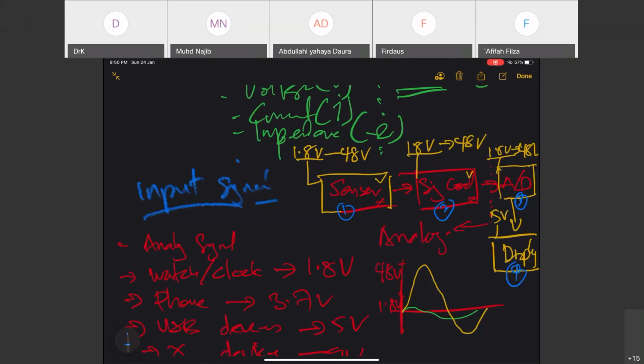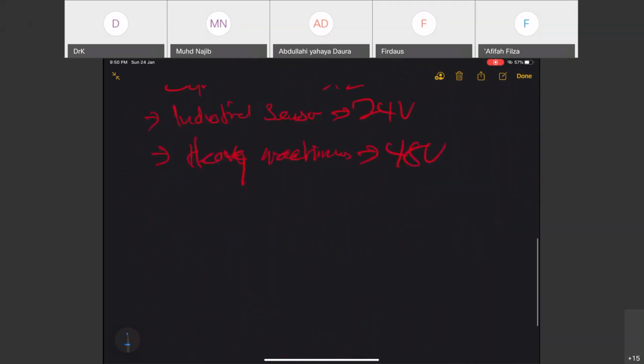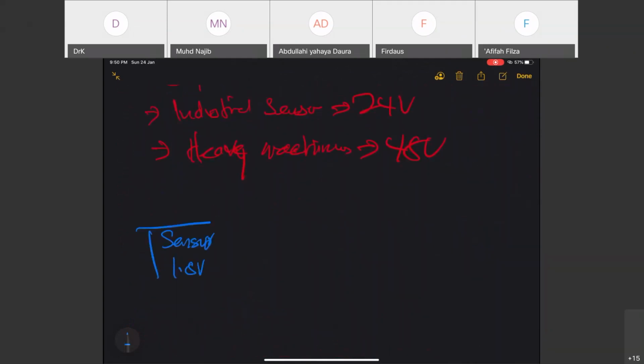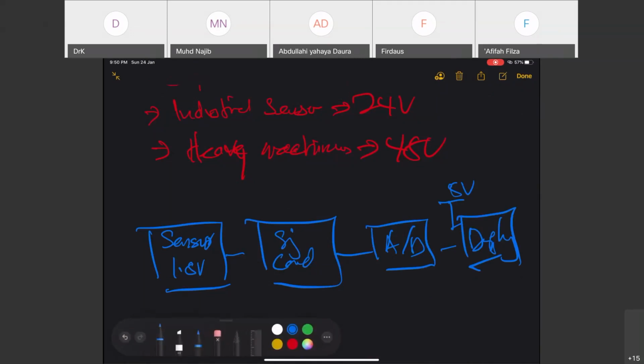For example, if your sensor is 1.8 volt, and then you have signal conditioner, then you have A to D, and you have display definitely run using 5 volt. A to D, if your sensor is running at 1.8 volt, for A to D normally you run at 5 volt.